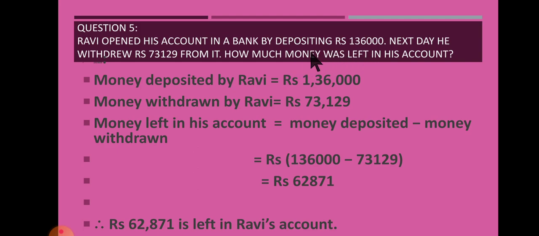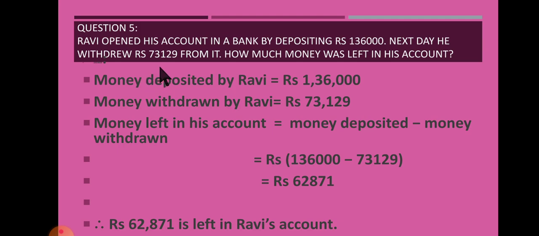That is deposit. 1,36,000 is the amount Ravi deposited in his bank account. The next day he withdrew. Withdraw means take out from your account. First you deposit, then when you take out, that word in banking language is called withdraw.